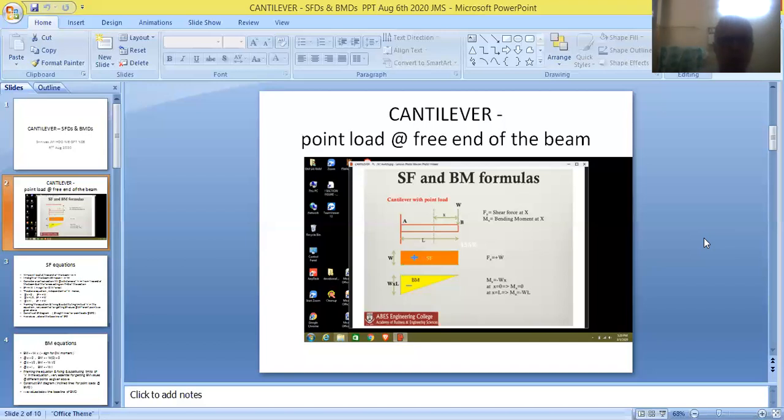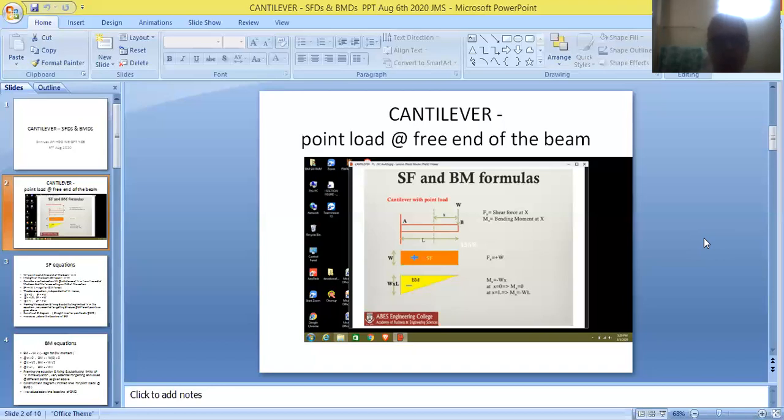As informed just now, we can see the arrangement of the cantilever. It is fixed at the left end of the beam, and the right end of the beam is kept free. So it's fixed at the left end and free at the right end. Therefore, it is called a cantilever.